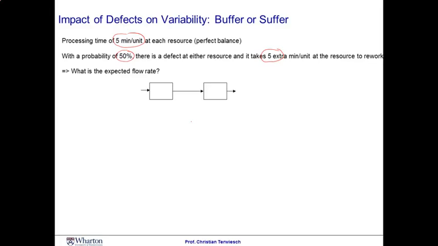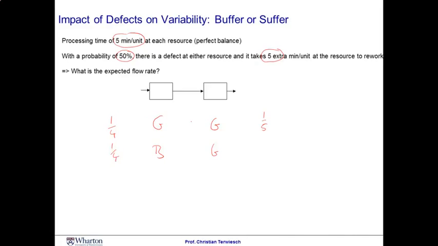Well, let's think through all the scenarios that can happen. In the best case, both of them create a good flow unit. Let's take G here for a good flow unit, and that happens with a probability of 1 over 4, and in this case we're going to get a flow of 1 unit every 5 minutes. However, it's also possible that the first step messes up and the second one does the flow unit correctly.